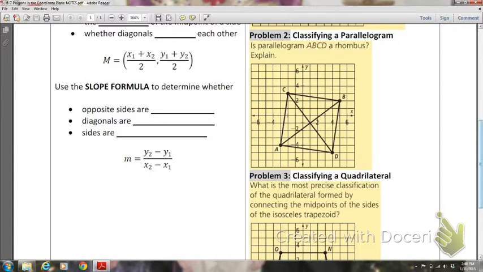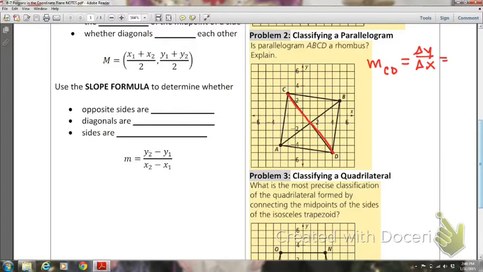Since it is on the coordinate plane, we can just count. Rise over run would be the easiest way to do that. Let's look at the slope of diagonal CD, the diagonal between C and D. We need to find the change in y over the change in x. I'm going to use the Greek letter delta, which looks like a little triangle, to indicate change in y and change in x.